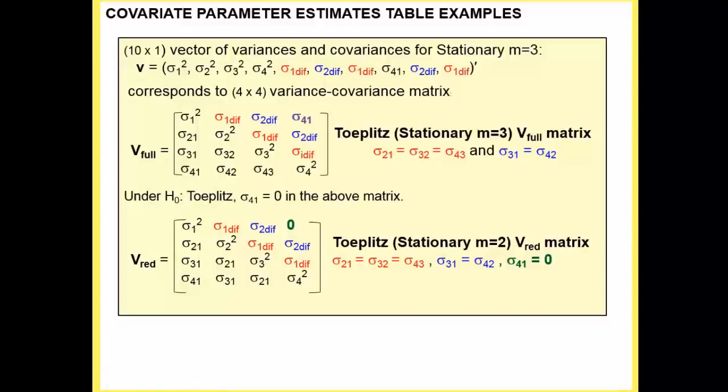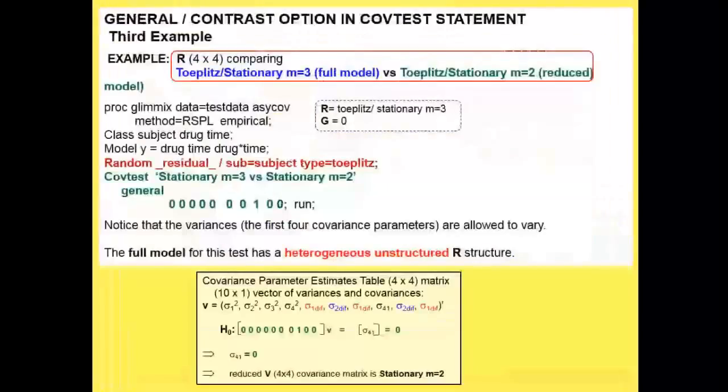So what makes sense is to say here's the third one from the end. I only have one line here, and the reason is that if I'm starting out with toeplitz, stationary 3 dependent, it seems logical that I only need to make one test, and the test would be to focus on whether this sigma 4,1 is equal to 0.